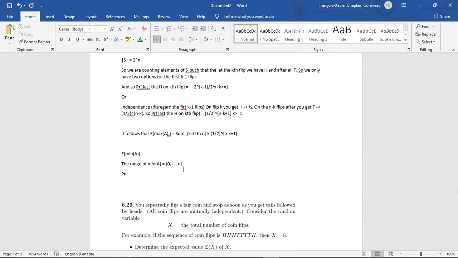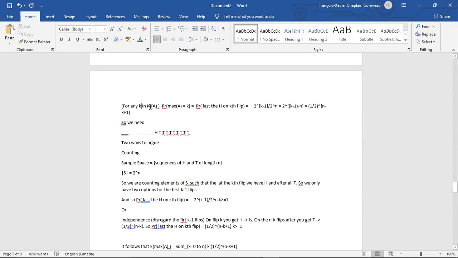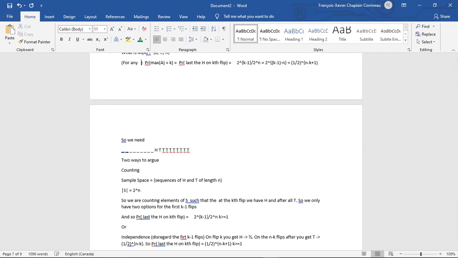Okay, now what is the probability that min A is equal to k? And again, this k here is for some k. So here maybe I should switch this line. Sorry, I'm just fixing typos or small corrections.